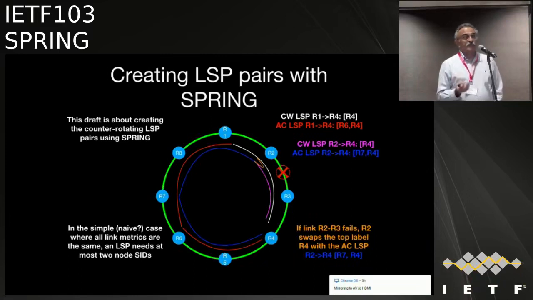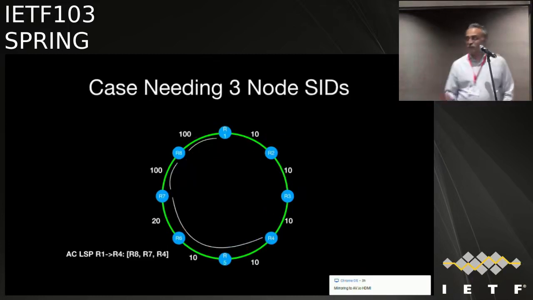There are cases where you need three node SIDs. This is a painfully constructed example, but Bruno assures me that's the most you would need. So using this approach, in one direction you need one node SID, in the other direction you might need up to three node SIDs. I didn't know at the time what the upper bound is, but I think it's three, right?